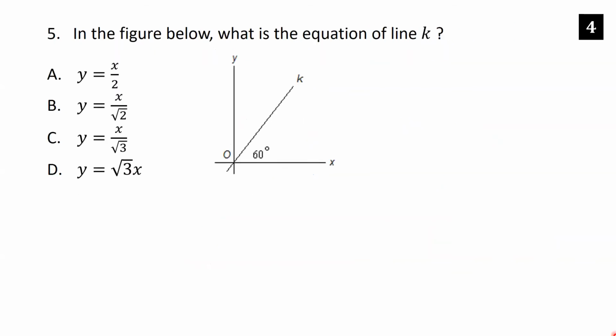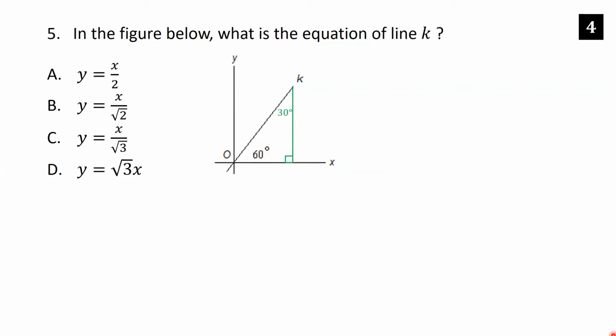Okay, 5. In the figure below, what is the equation of line K? All right, I'm going to start by just drawing a vertical line segment there, creating a right triangle. And that's a 30, 60, 90 triangle. So if this is 60 degrees and this is 90 degrees, this has to be 30 degrees.